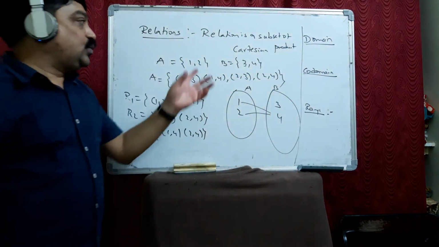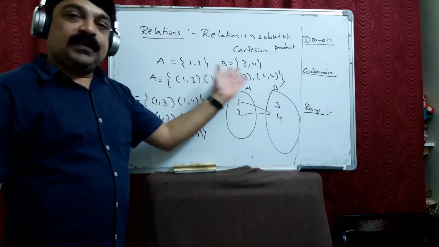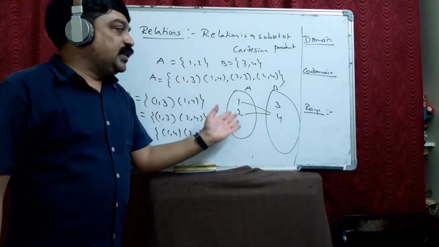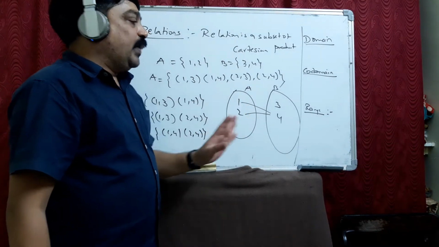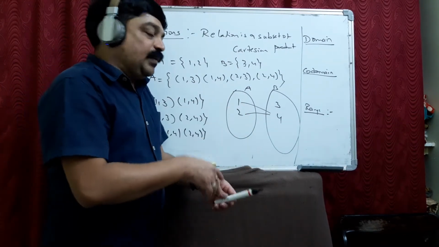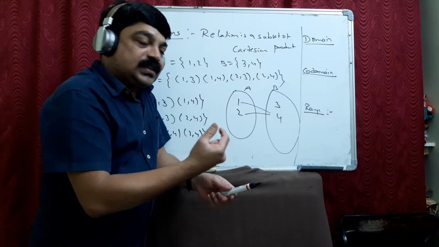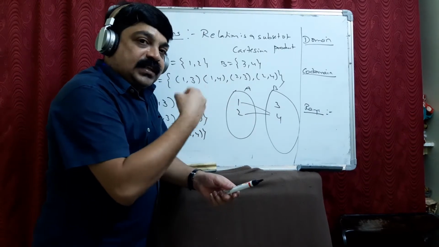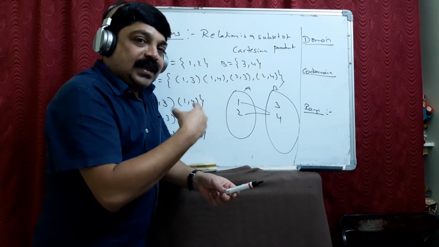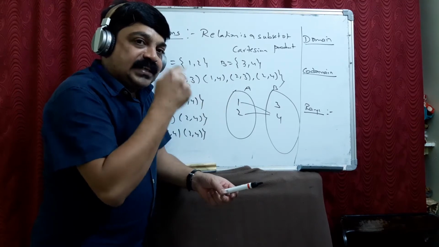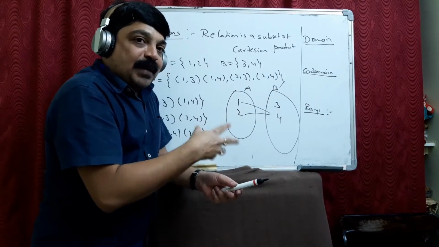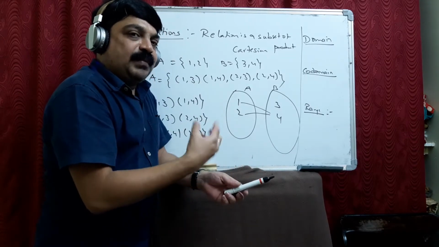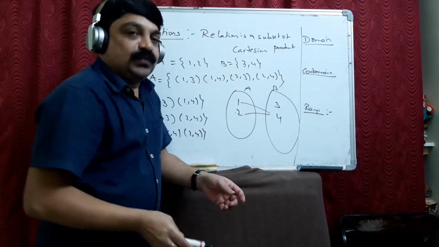If you have two sets, set A and set B, set A contains 2 elements, set B contains 2 elements. The domain is the set of elements in A that are participating in the mapping or in the relation: 1, 2.